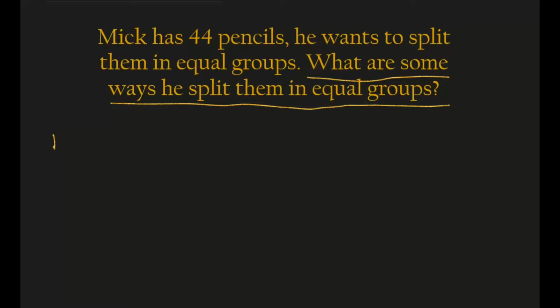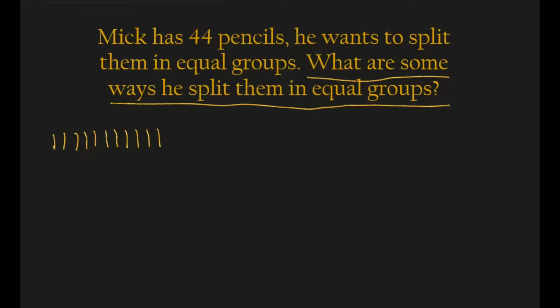So this is 4, and then let's add 4 more, and let's keep adding 4 until we get to 44. So 4 times 11 is 44. That means we'll have 11 lines. So 3, 4, 5, 6, 7, 8, 9, 10, and 11.